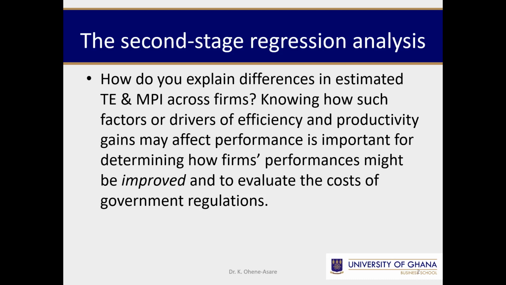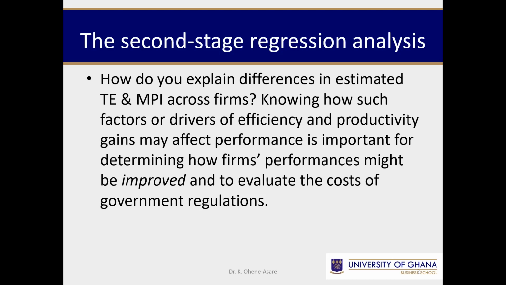How do you use the scores to determine that productivity coming from efficiency change contributes more to productivity, significantly speaking, than that coming from, say, technological change? How do you explain the differences?